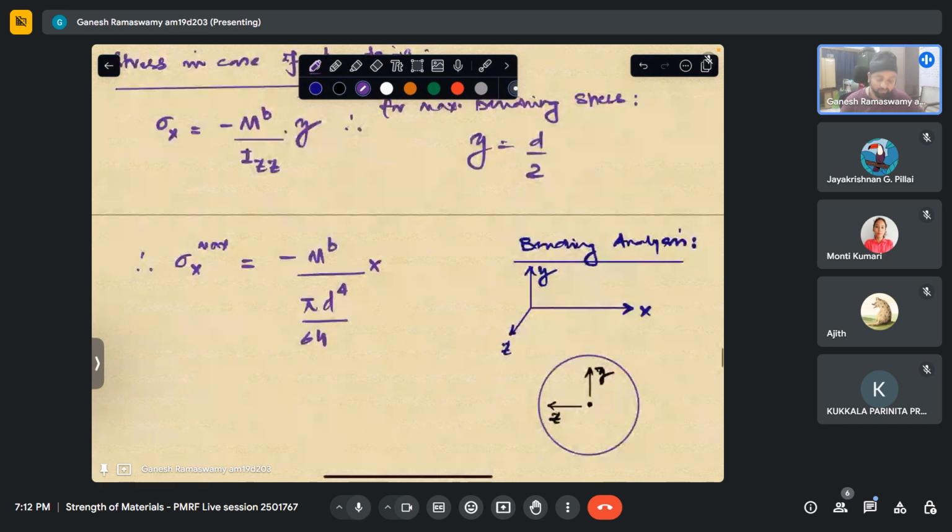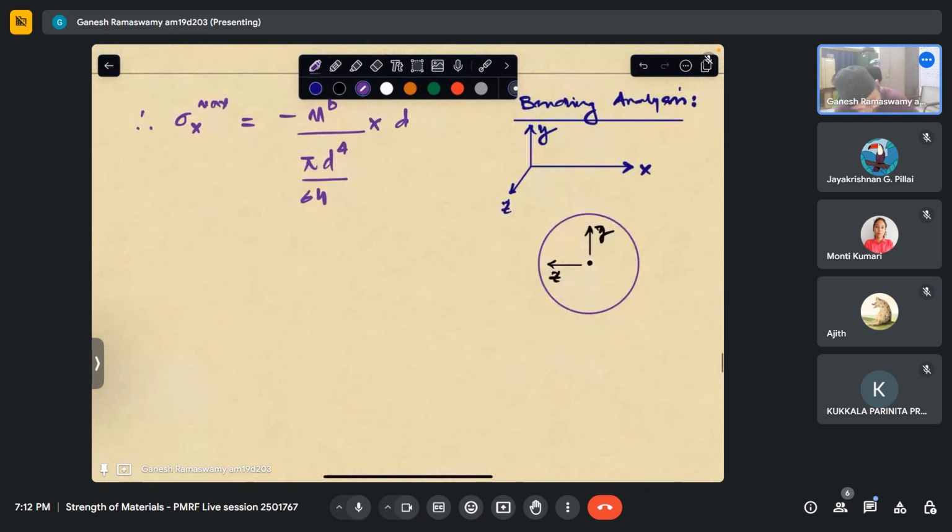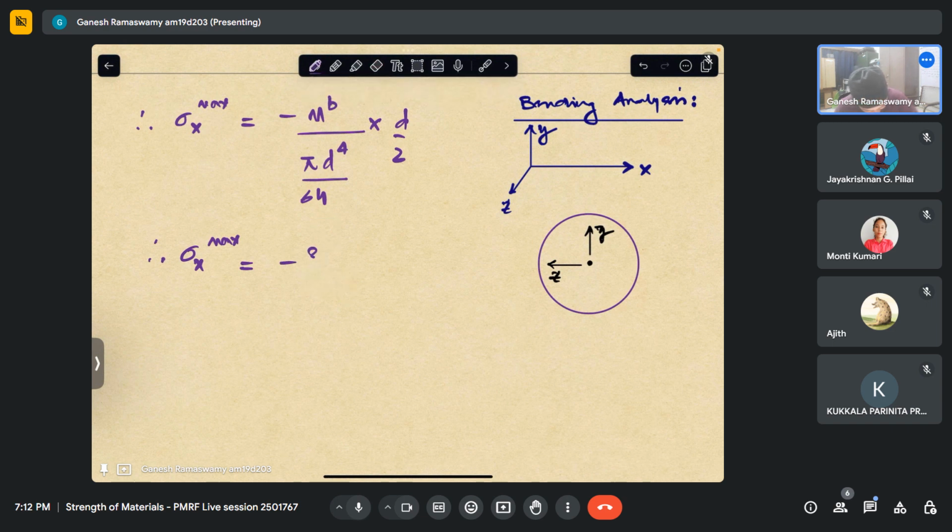So therefore sigma x max comes out to be minus Mb by pi d cube, and this will be 32. So minus 32 Mb by pi d cubed. So we have got a general expression for that.